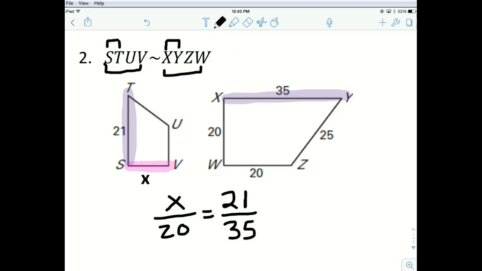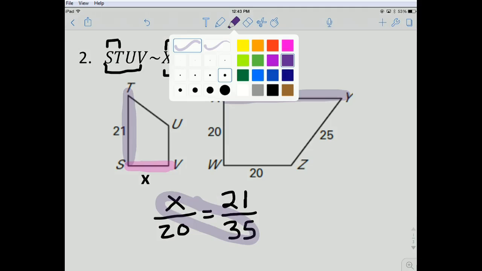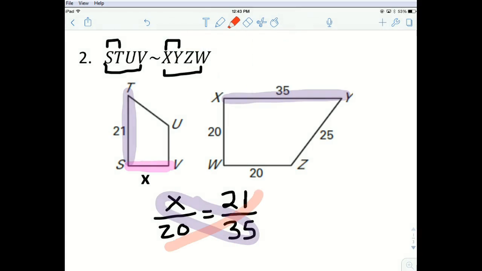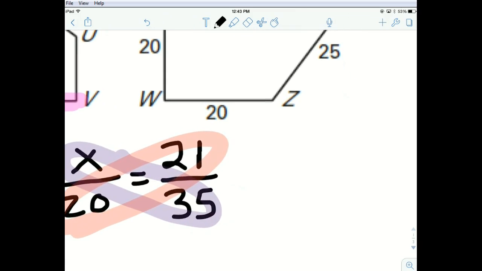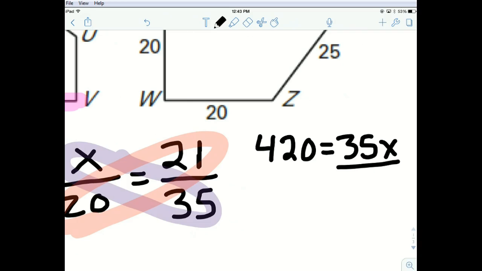Cross multiply this direction. We get x times 35, and we multiply this direction, we get 21 times 20. So we have 420 is equal to 35 X, divide both sides by 35.